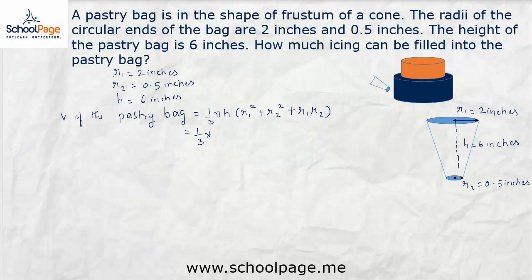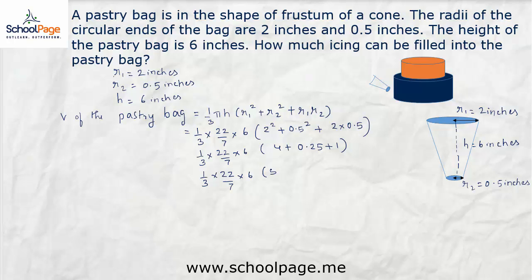We get 1 by 3 into, let us take the value of pi as 22 by 7, multiplied by h is 6 into 2 square plus 0.5 square plus 2 into 0.5. Let us solve this. We'll get 1 by 3 into 22 by 7 into 6 into 4 plus 0.25 plus 1, which is 1 by 3 into 22 by 7 into 6 into 5.25.